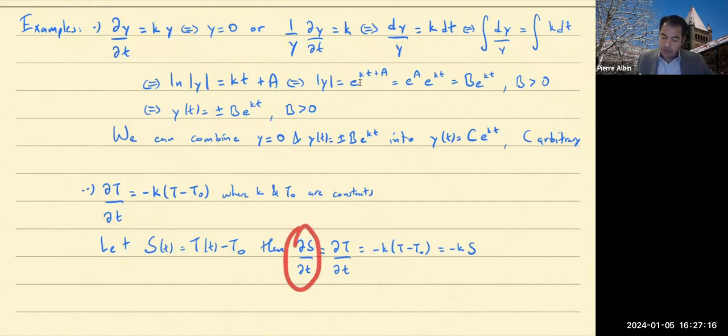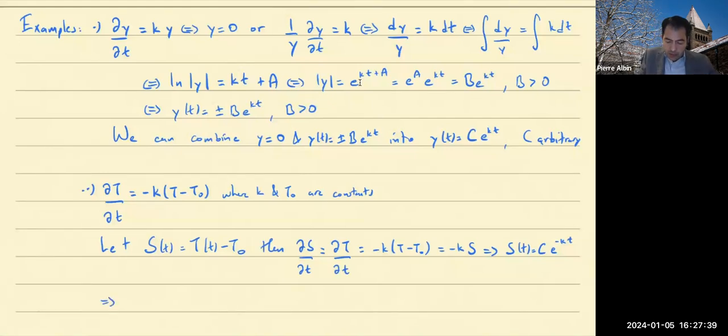So we're reduced to the previous case. We end up with the derivative of capital S with respect to t equal to minus k times capital S. And so that's the same as this equation, with capital S instead of y. So from here, we can conclude that capital S of t is equal to some constant times e to the minus kt.